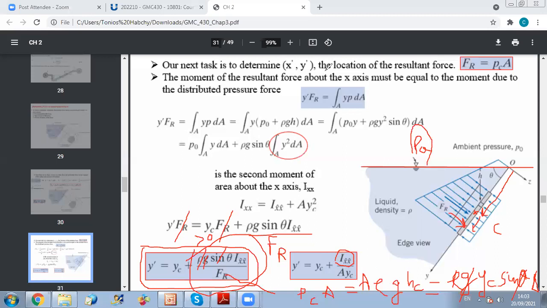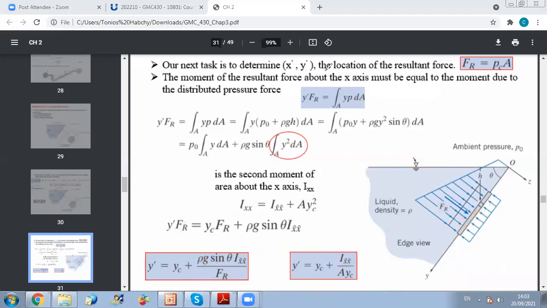Okay, so please keep in mind this formula is only valid if the pressure at the surface level is negligible compared to the pressure in the fluid. However, if it's not the case, if you are imposing any high pressure at the surface, then you should go back to this formula.